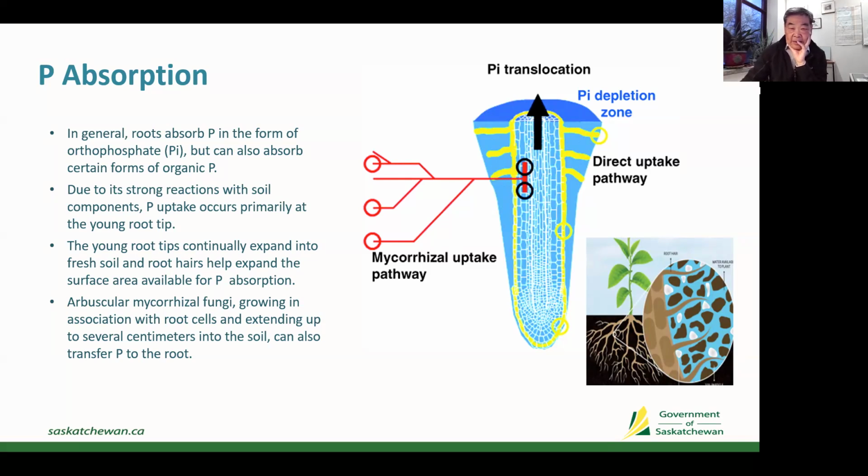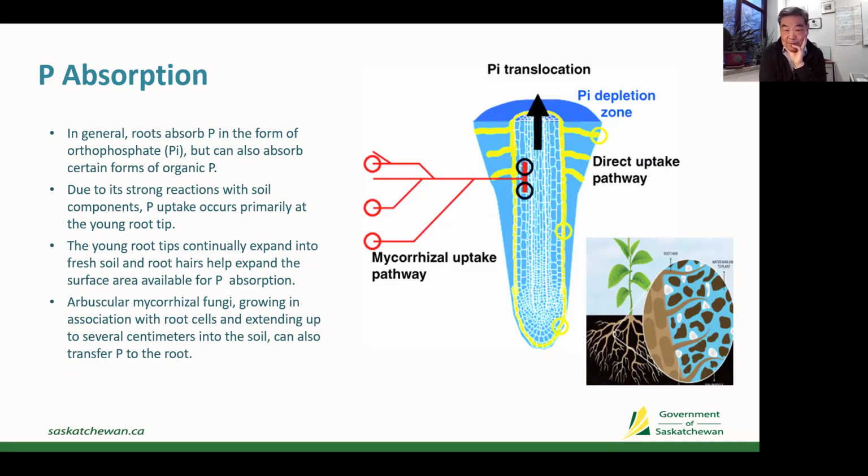Another thing that plays a role in P absorption is arbuscular mycorrhizal fungi, AMF. I heard a lot of talk about AMF in those conferences and meetings. So the organic producers are, I guess, close friends with AMF.